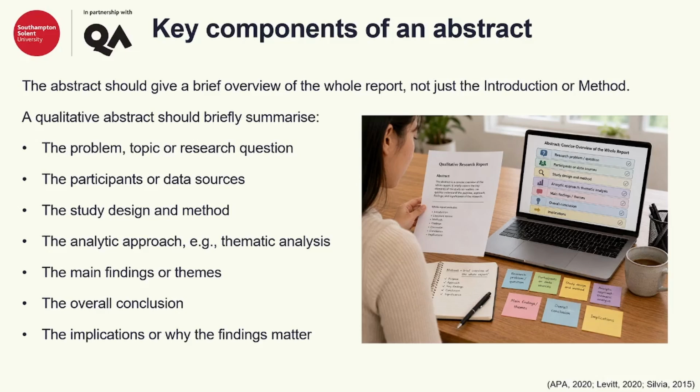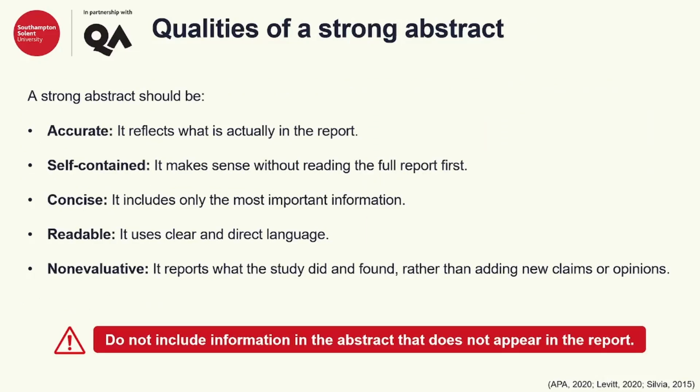Once all of these components have been included, the final step is to check whether the abstract has the qualities expected of strong academic writing. A strong abstract should be accurate, self-contained, concise, readable, and non-evaluative.